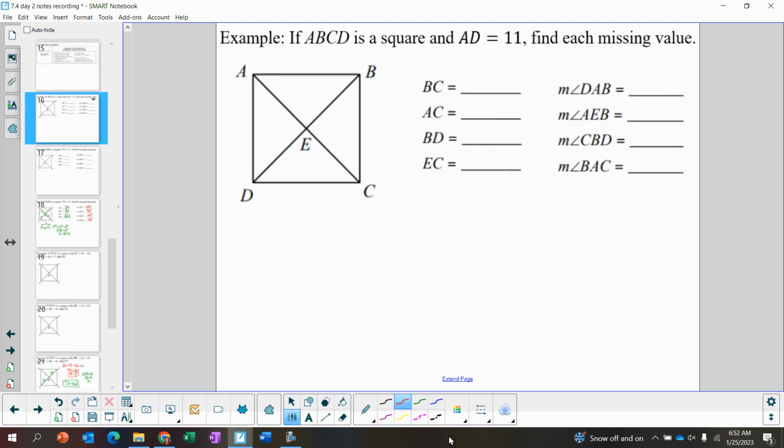So in our picture, AC has something else. So I have a big triangle here.